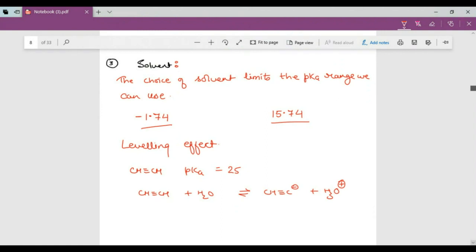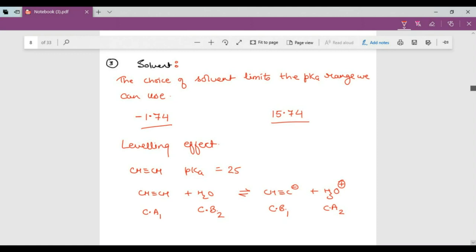Correct? Now here, in the first pair of conjugate acid base, this is the conjugate acid 1, this is the conjugate base 1. This is the conjugate acid 2 and this is my conjugate base 2.